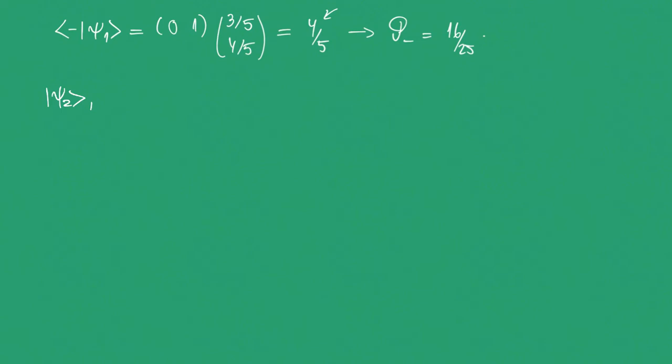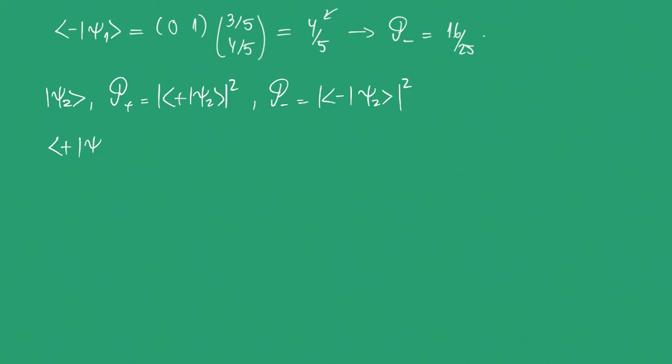Similarly, for our second quantum state, the probability of finding spin up is given by this expression. The probability of finding spin down is given by this expression. Basically, I will calculate the inner products via matrix notation.